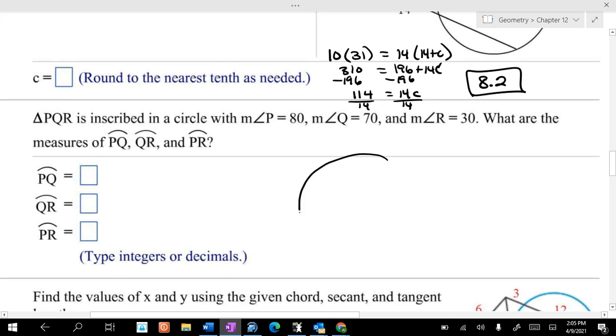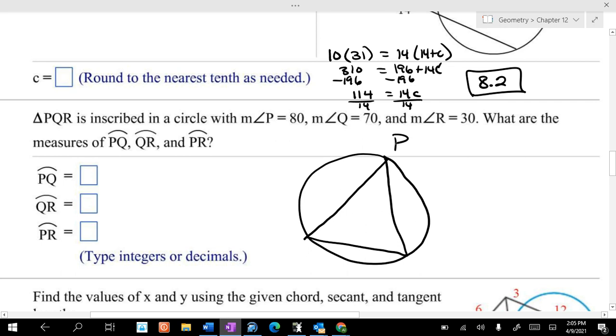Okay, a circle has a triangle inscribed in it. And we have an angle P, an angle Q, and an angle R. Angle R is 30. Angle Q is 70. Angle P is 80. Now this goes back to yesterday in inscribed angles.